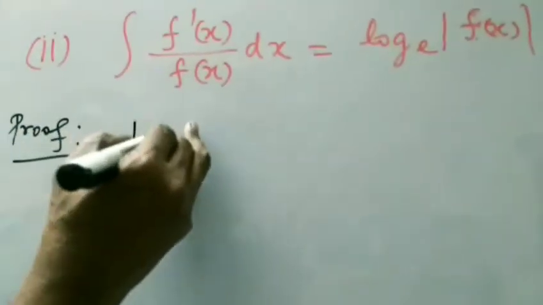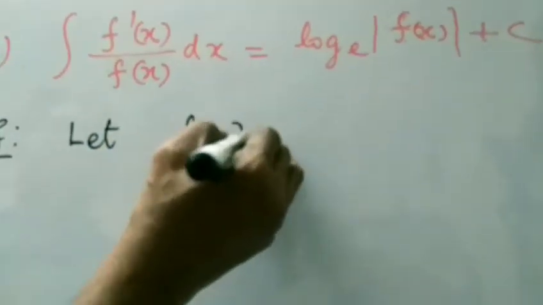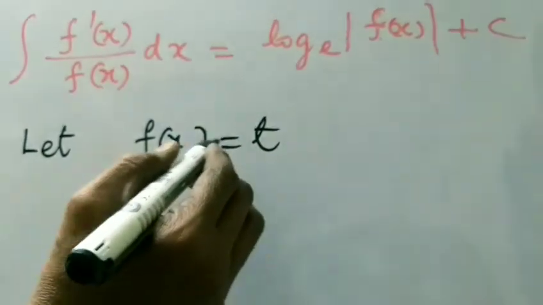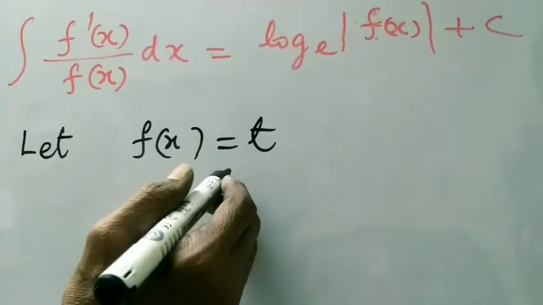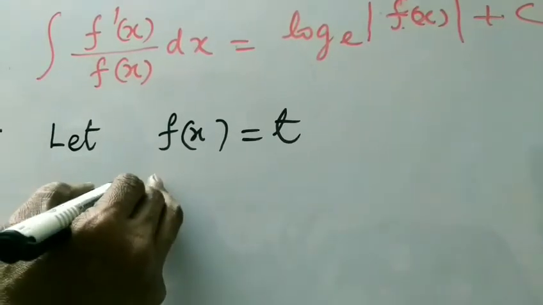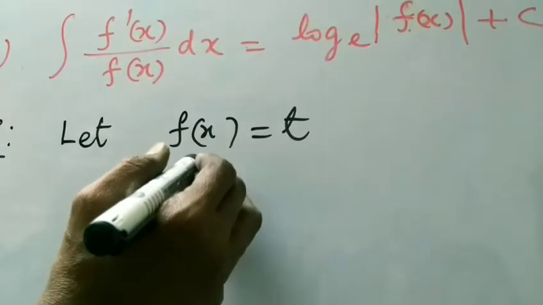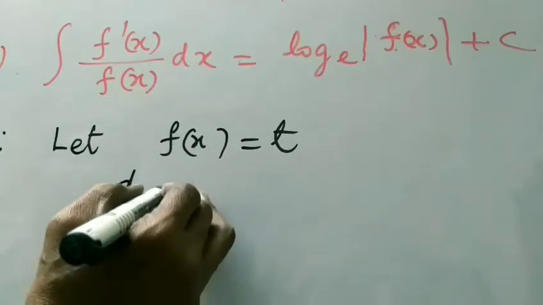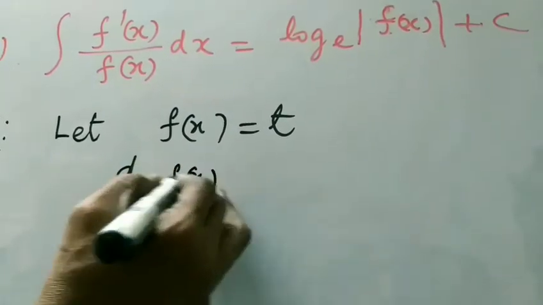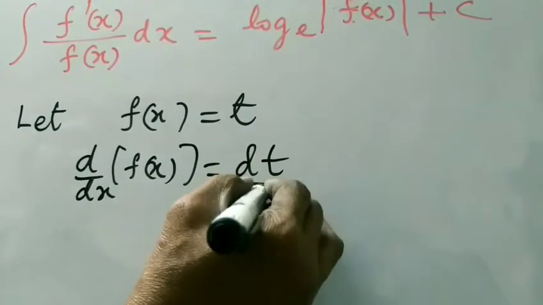Let f of x is equal to t. Differentiate it on both sides with respect to x. d by dx of f of x is equal to dt by dx.